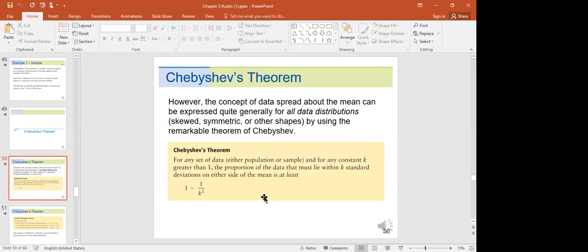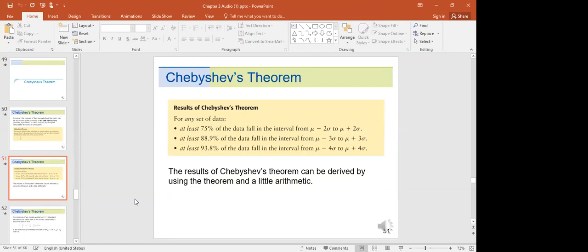Chebyshev is speaking about the minimum proportion. To know the minimum proportion of values that are within K standard deviations, you square K, take the inverse, 1 over K squared, and subtract it from 1. It will give you the minimum proportion of values that are within K standard deviations from the mean.